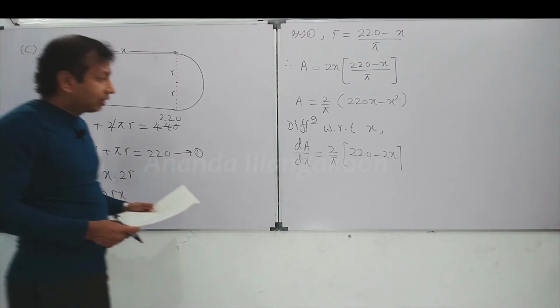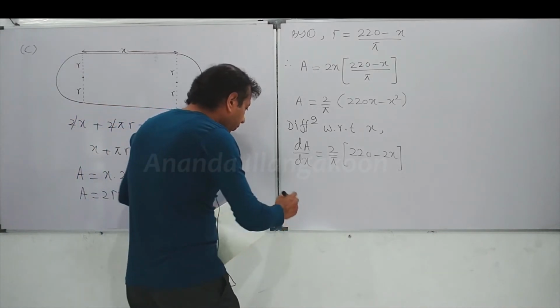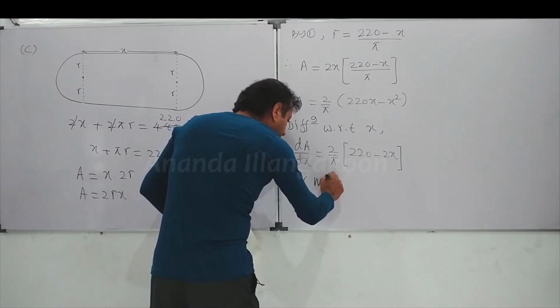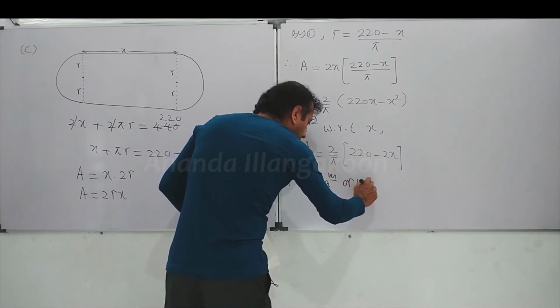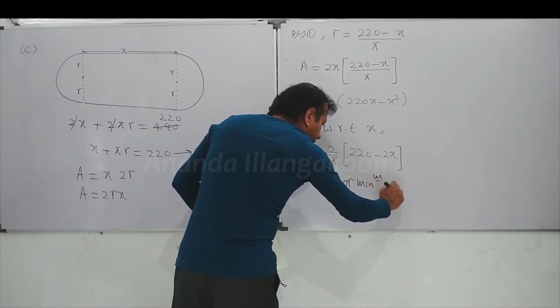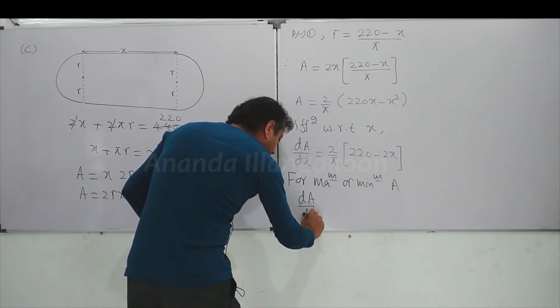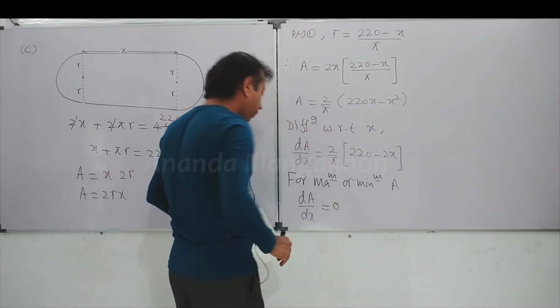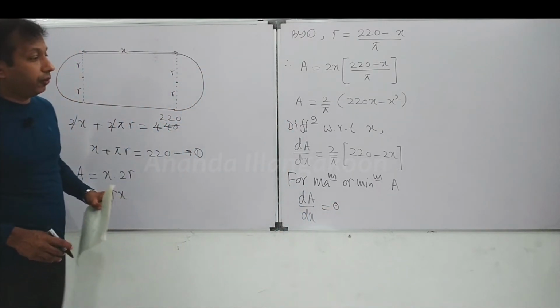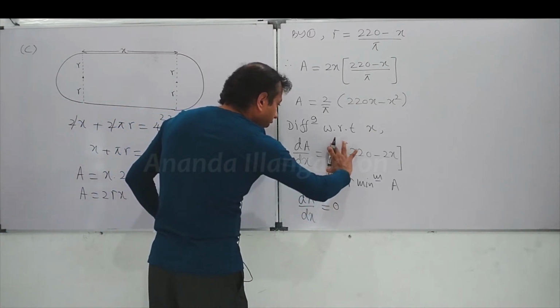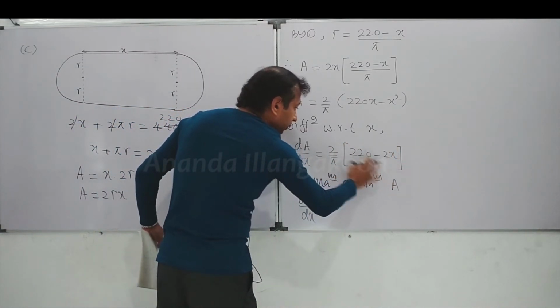Now you know for maximum or minimum A, dA by dx equals 0. Then we can equate this dA by dx to 0, then definitely this factor must be 0.